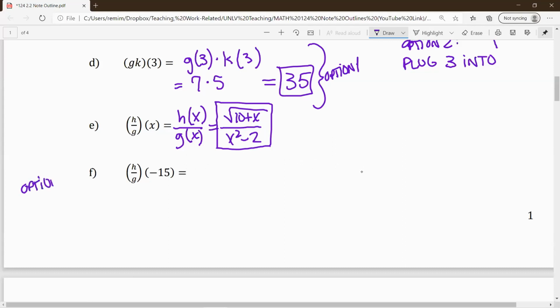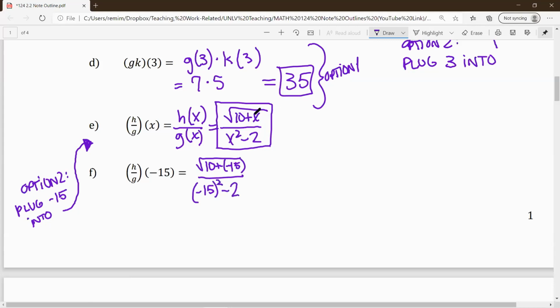Option 2 is plug negative 15 into what we got for part E. So I'm going to plug negative 15 in right here, and right there, and then simplify and see what happens. I get root of 10 plus negative 15 over parentheses negative 15, close them, squared minus 2. So we're just replacing these x's with negative 15.